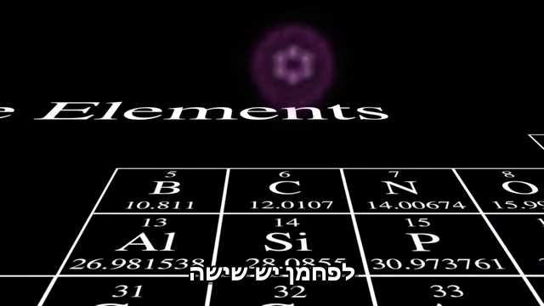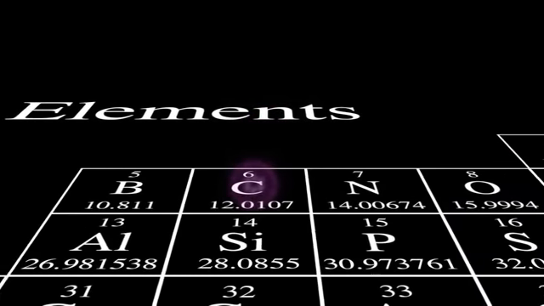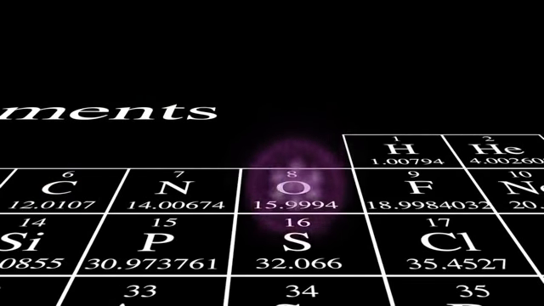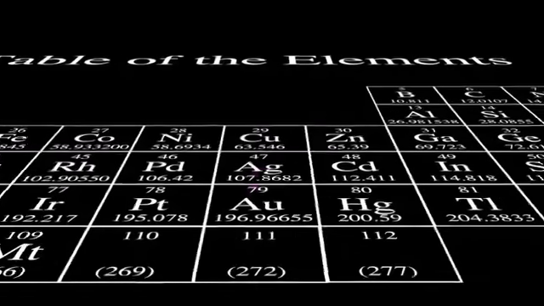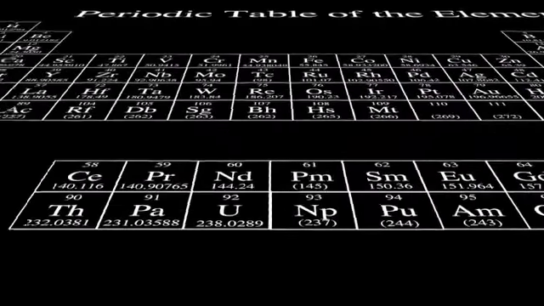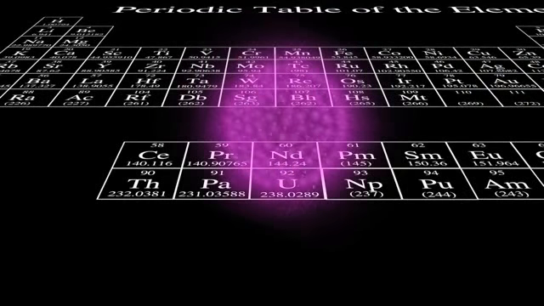Carbon has 6. Oxygen 8. Gold has 79. And uranium has 92.